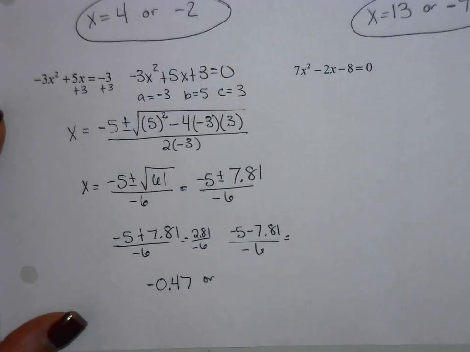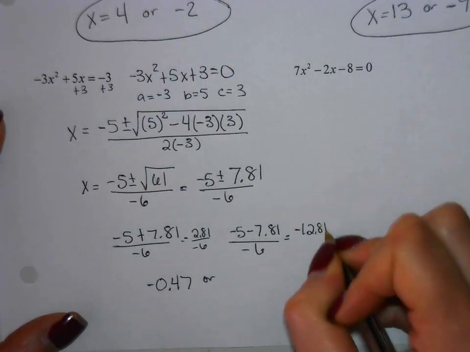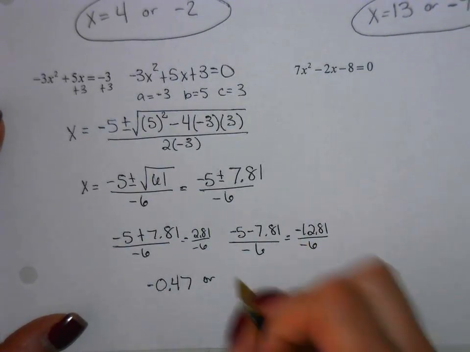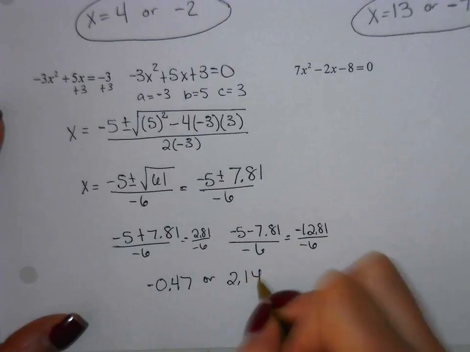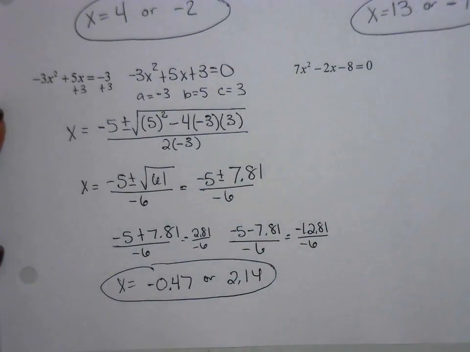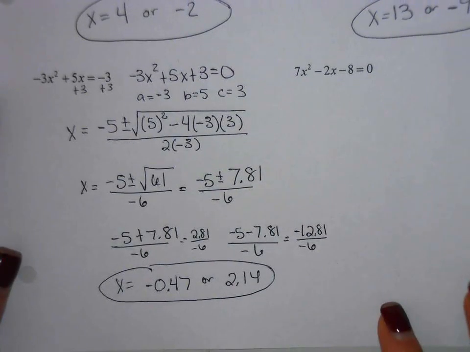Negative 5 minus 7 and 81 hundredths is negative 12 and 81 hundredths, divided by negative 6 is 2 and 14 hundredths. So our two solutions are x equals negative 47 hundredths or 2 and 14 hundredths.